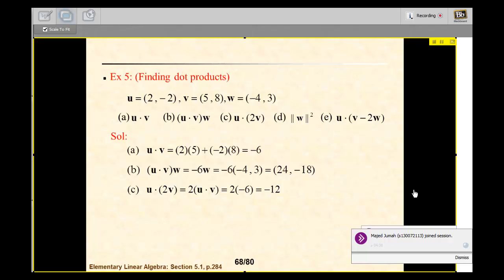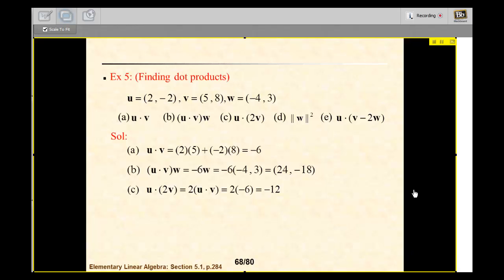It's also good. From equation 1, we find that u dot v is equal to minus 6, so we just multiply 6 by 2 to get 12. Either you can use that method, or any other method.